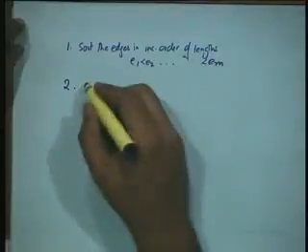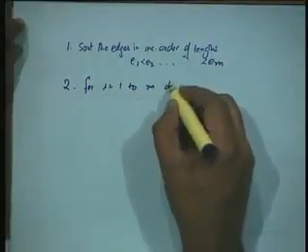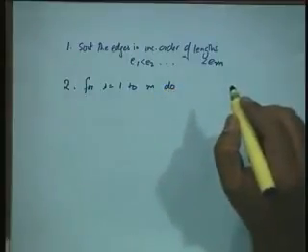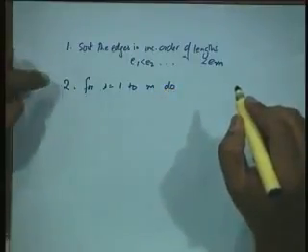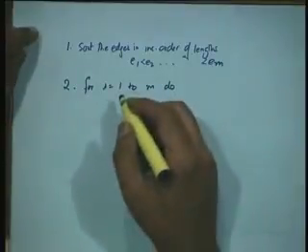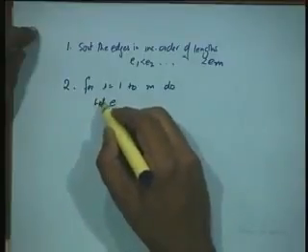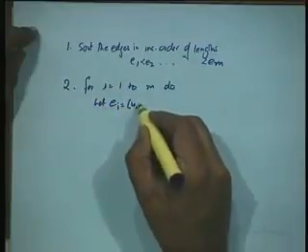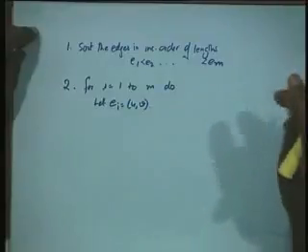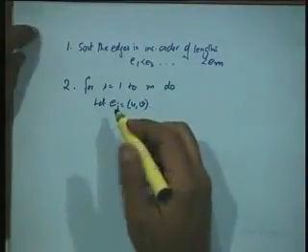Okay, now what should I do? For i equals 1 to m do, I pick an edge. What is the edge? E_i, I am considering the edge E_i. So let E_i equal (u, v), which means that u and v are the two endpoints of the edge E_i. What is it that I have to do?